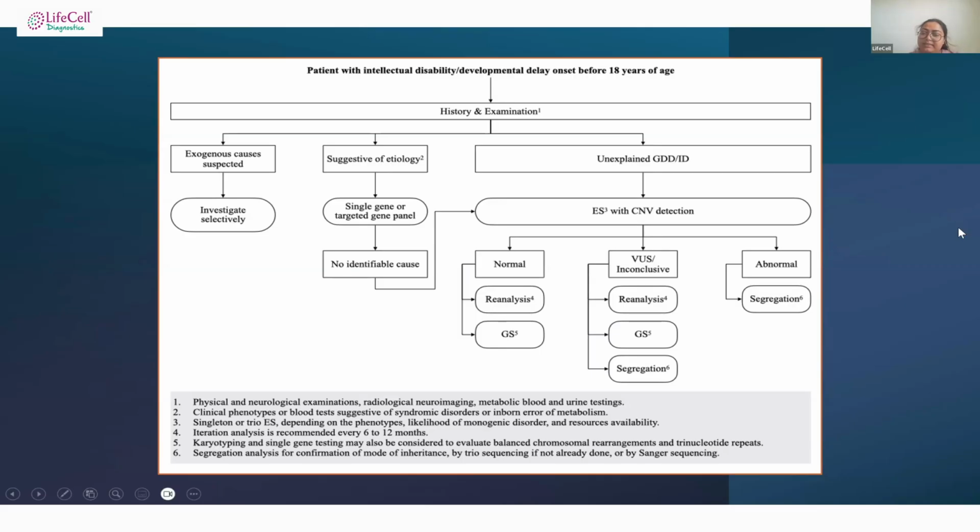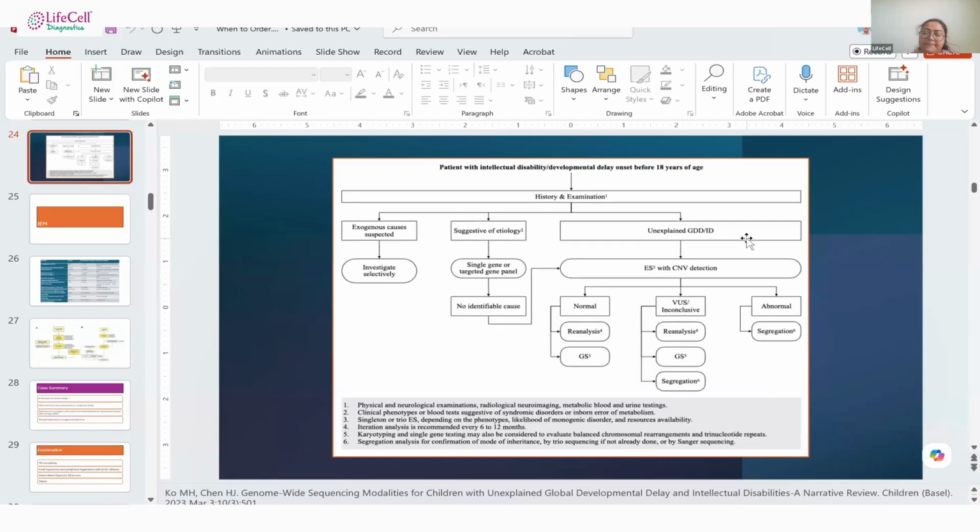The next question is, in children with early onset epilepsy or epileptic encephalopathy, how do we decide between an epilepsy panel and whole exome sequencing? Earlier we used to do an epilepsy panel, because epilepsy in newborn babies ranges not only over epilepsy genes but also neurometabolic disorders, vitamin responsive disorders and various other disorders.